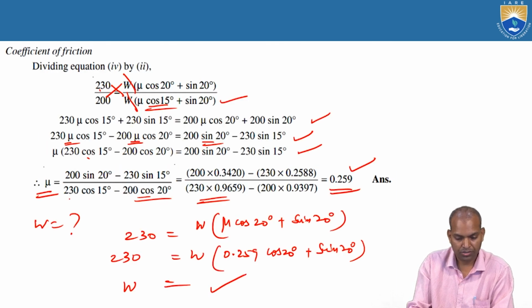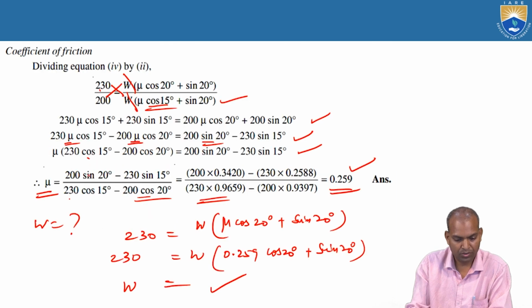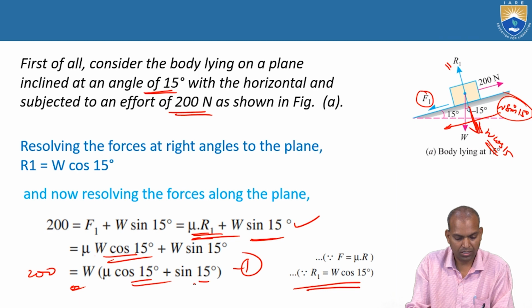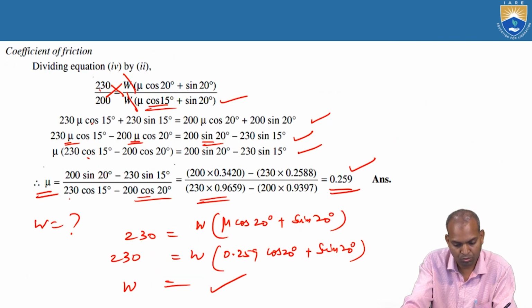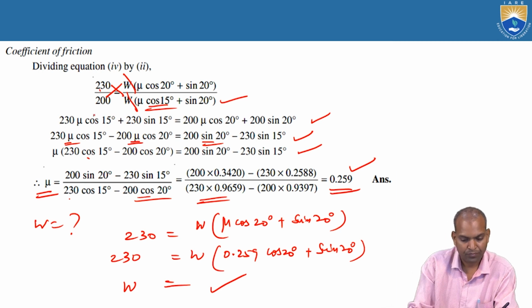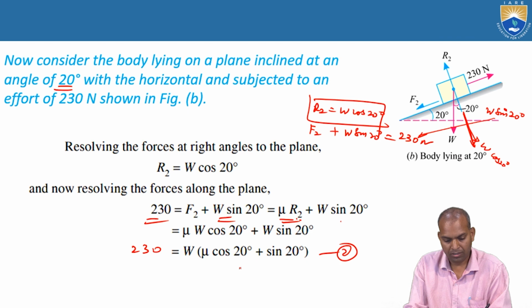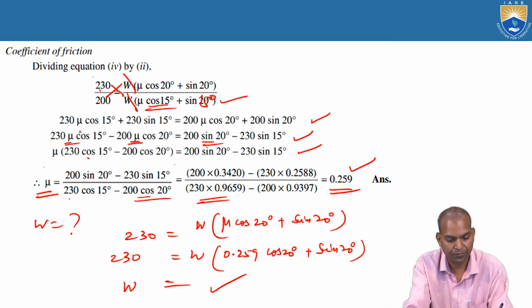Now for the first equation, the terms are cos 15 and sin 15. Be careful here while solving the equation: 230 times cos 20, 200 times cos 15 and sin 15.